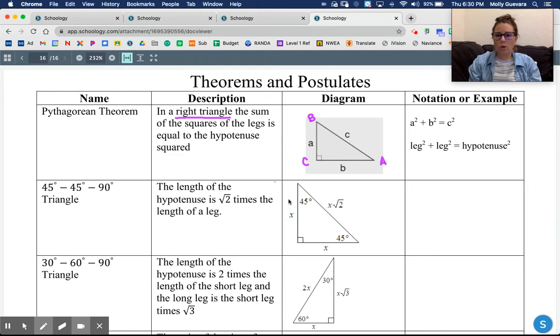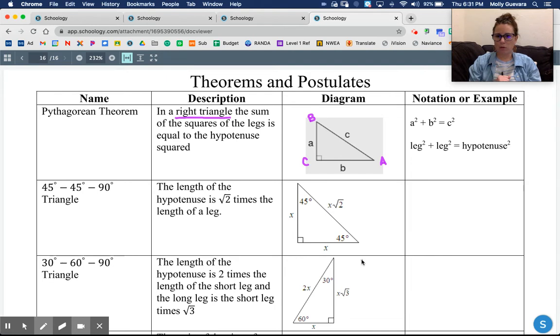This triangle will always follow this pattern where the two legs are always the same, so x and x, and the hypotenuse is always whatever x is times the square root of 2. And that's just a pattern that always happens.